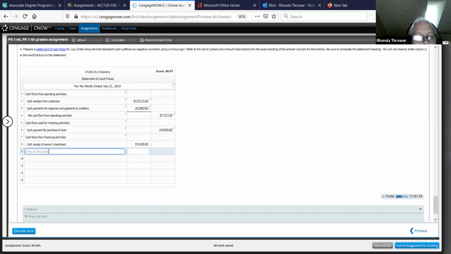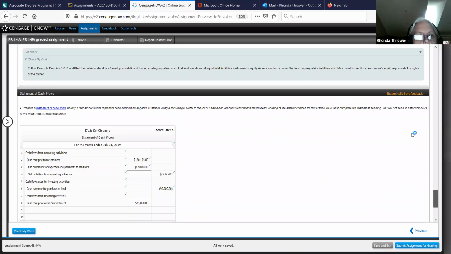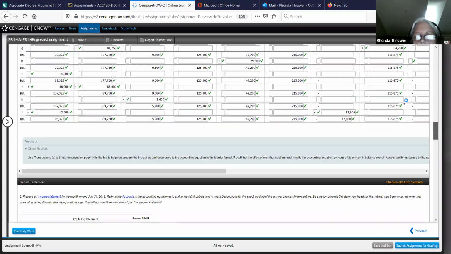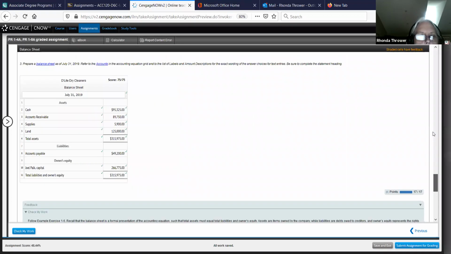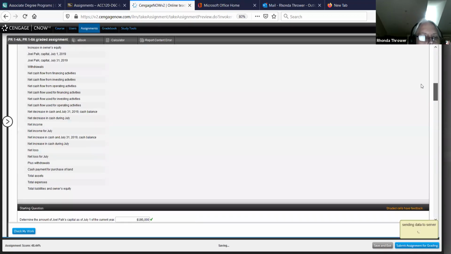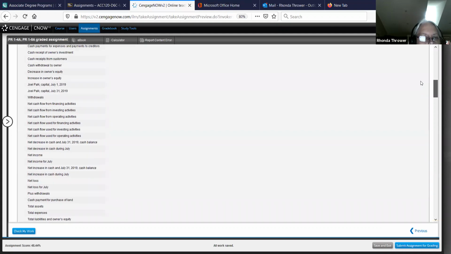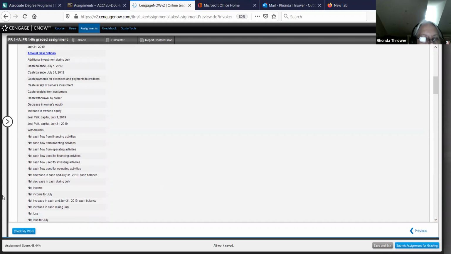And then we're going to show the cash that we pay out for the owner's withdrawals. Cash withdrawal by the owner.